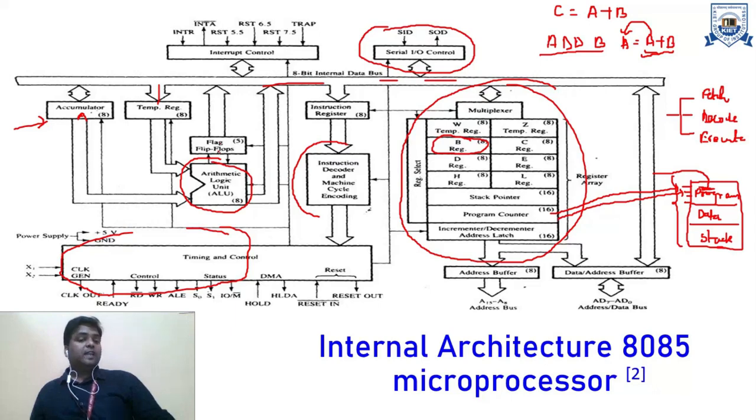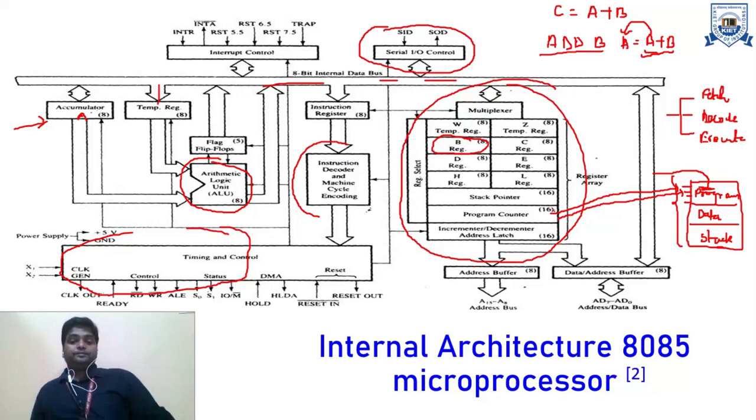So the flag flip-flop provides the status of the output of the arithmetic and logic unit. Is the result zero or non-zero, positive or negative? All this information is represented by the flag register.